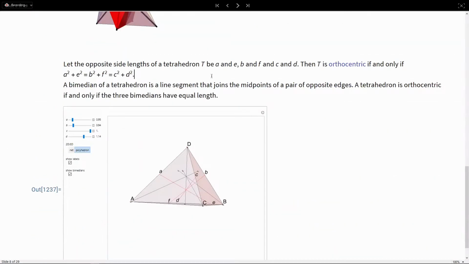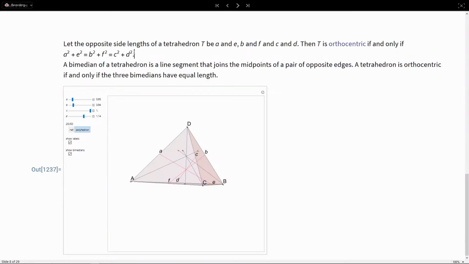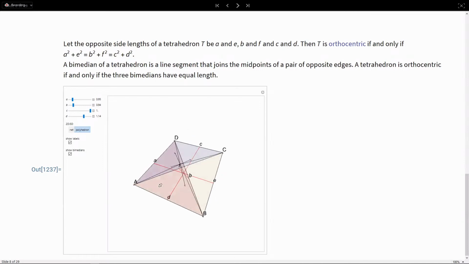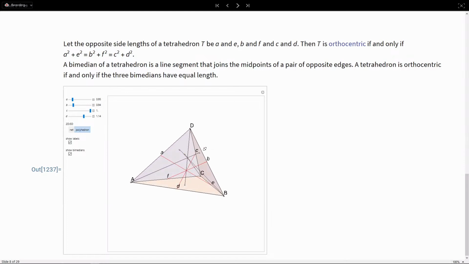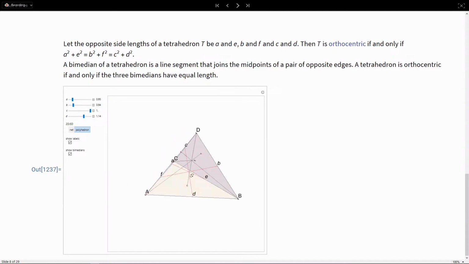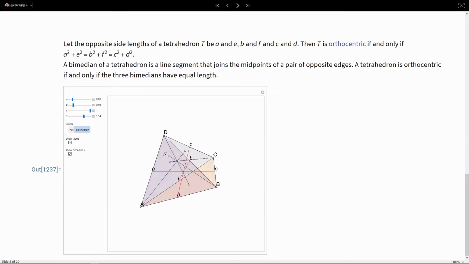So if we have this property with opposing edges of a tetrahedron, so that the sum of squares for each opposing edge pair is the same, then we have the property that all 4 of the altitudes intersect. And that's called an orthocentric tetrahedron. So it's a special type of tetrahedron.